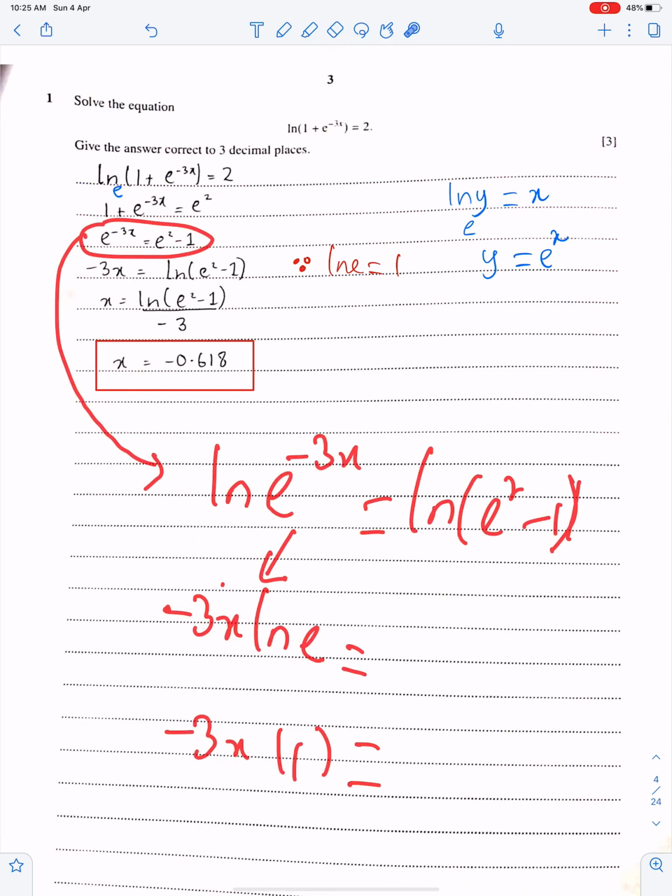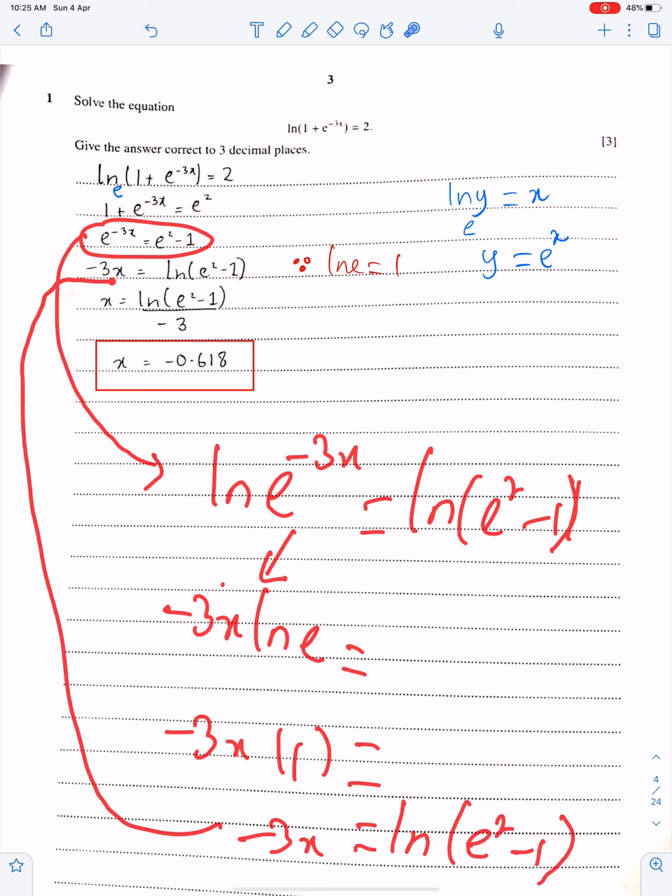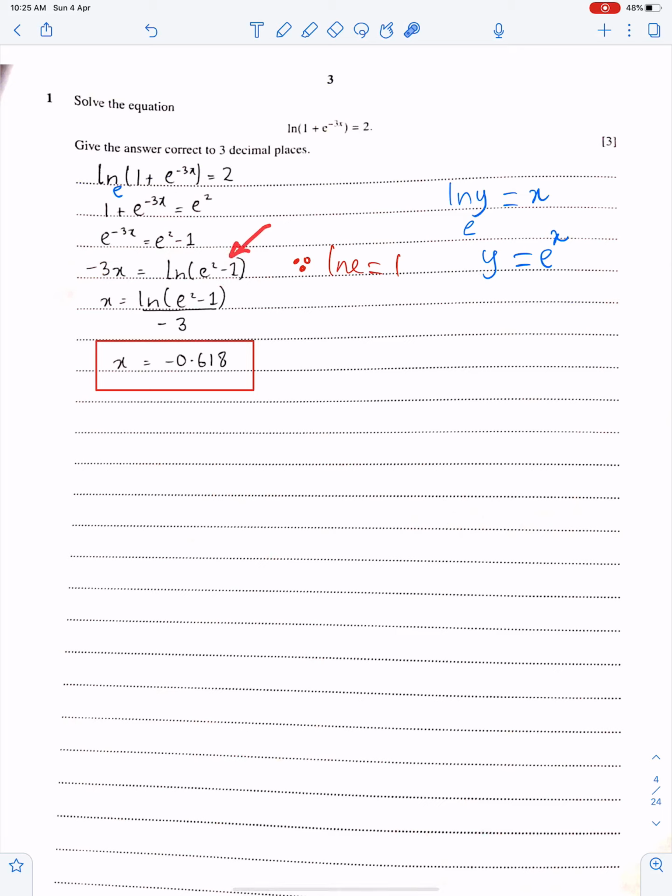So finally you will have minus 3x equals ln of e square minus 1. This student is very smart. She did this directly. Well, since we are working for x, we have to divide by negative 3 on the right hand side and then use your calculator and evaluate this. And make sure you give your answer up to 3 decimal places.